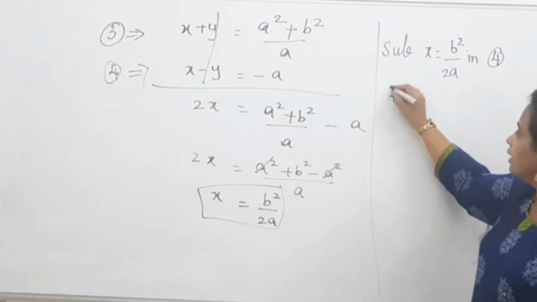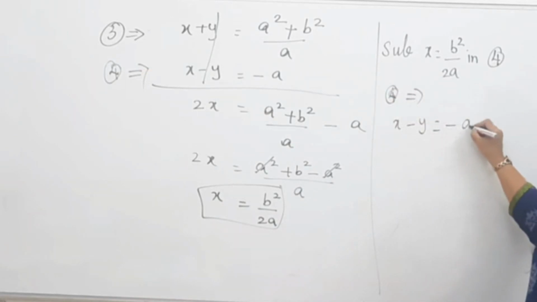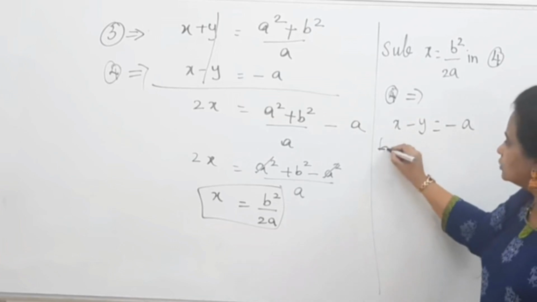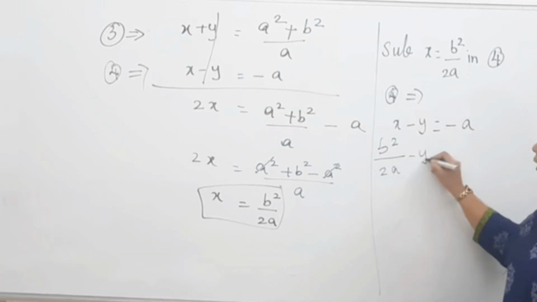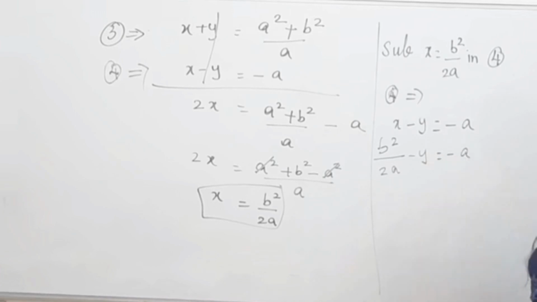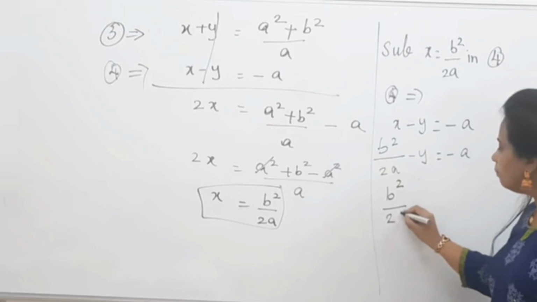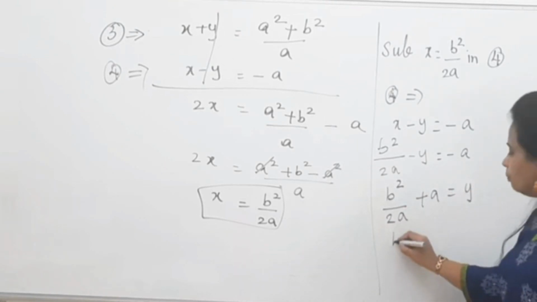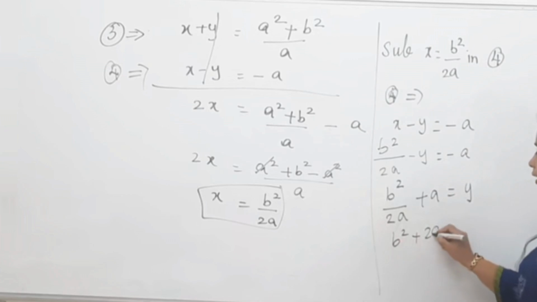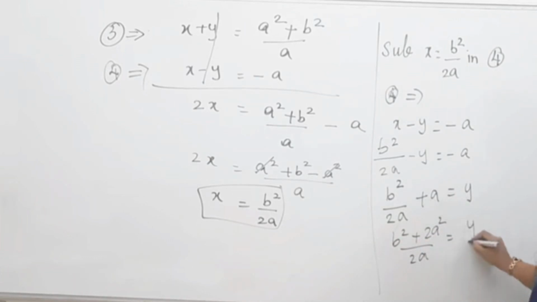So my fourth equation is x minus y equal to minus a, that is b square divided by 2a minus y equal to minus a. My aim is to find y. So b square by 2a plus a is equal to y. So b square plus 2a square divided by 2a is my y.